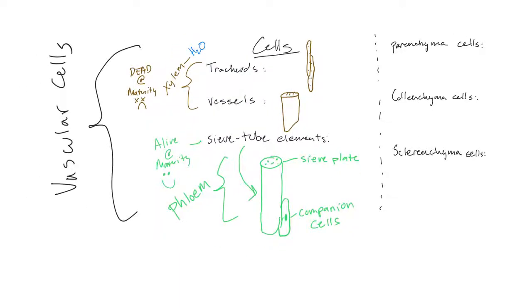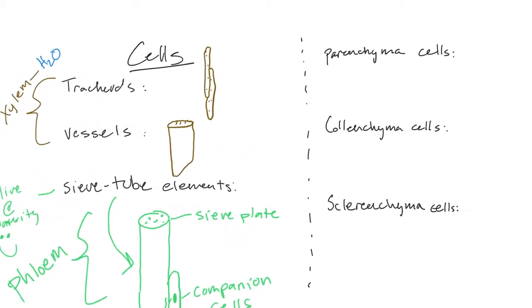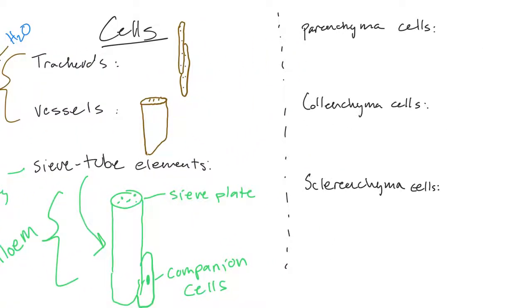All right, but there's lots of other cells in plants as well, including parenchymal cells. Okay, I'll spell that again because it's pretty messy. Parenchymal cells. And these are the functional cells.